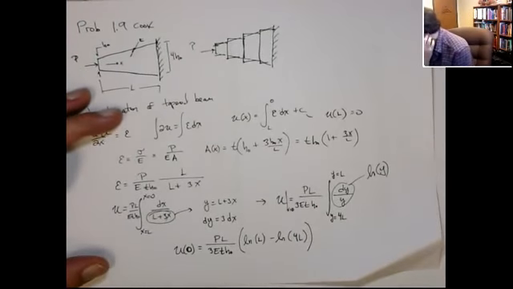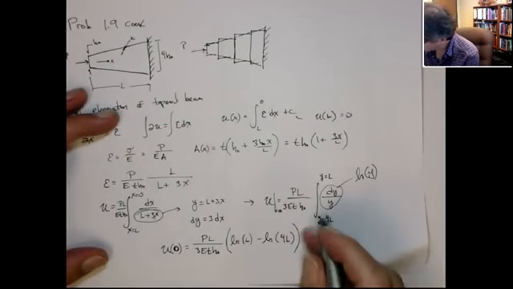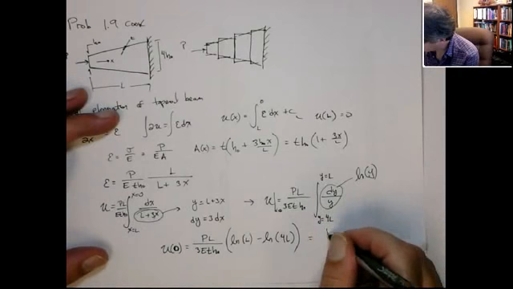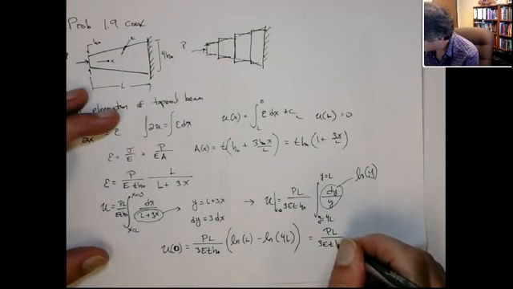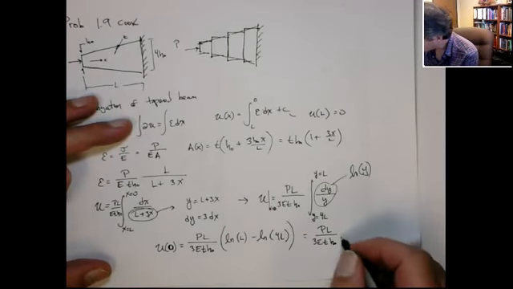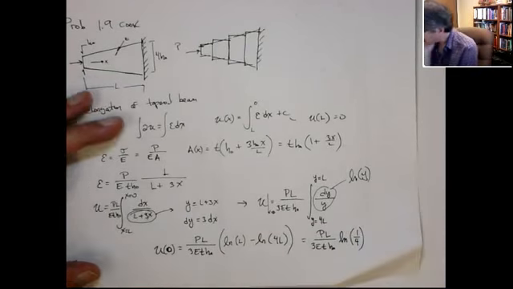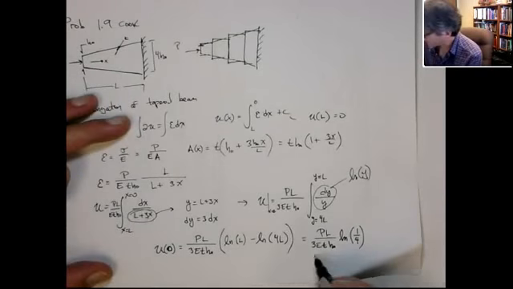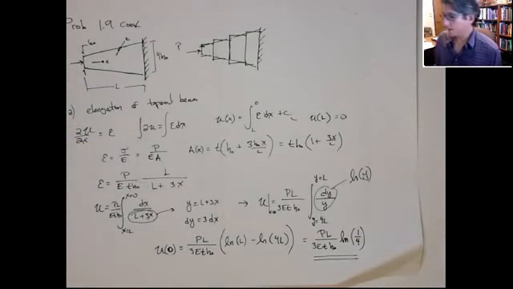And this is the same as dividing, so that just becomes PL over 3 E t h0 times the log of L over 4L, so that's just the log of 1/4. Okay, so that's the displacement. It's positive and it's just going to the right. All right, that's part A.